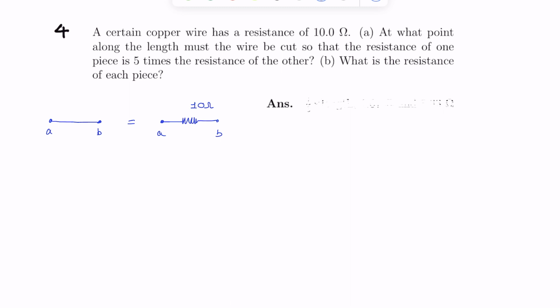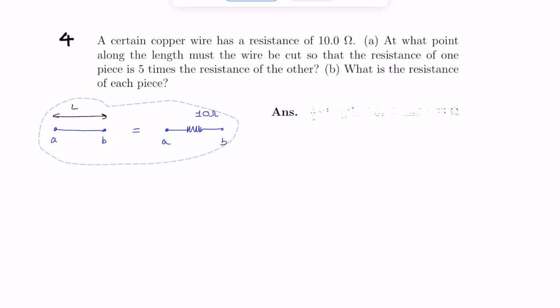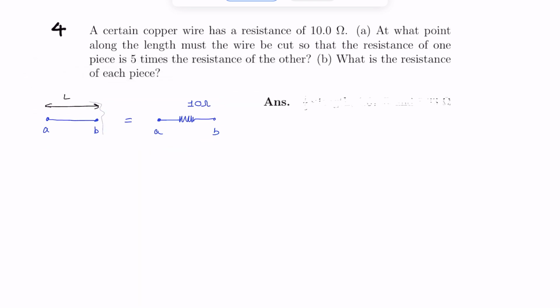So question part A is, at what point along the length must the wire be cut so that the resistance of one piece is 5 times the resistance of the other? Let's say I'm going to call the length of this wire capital L. Let's make this diagram big.